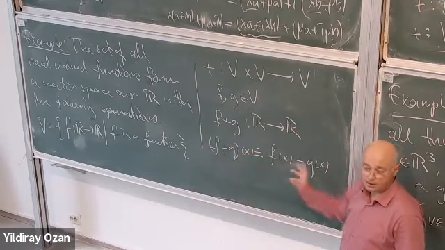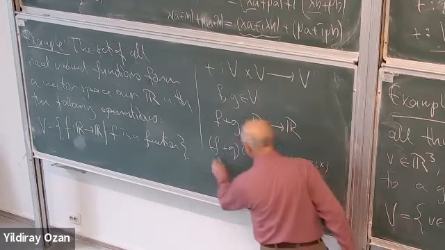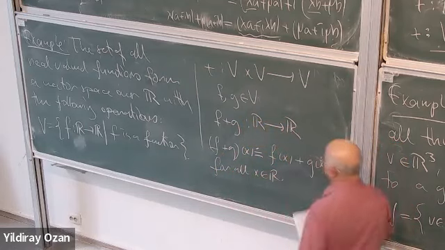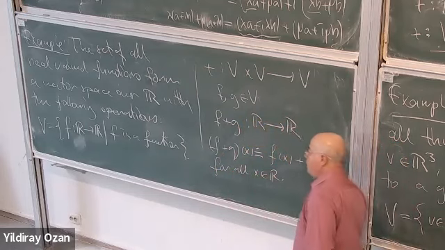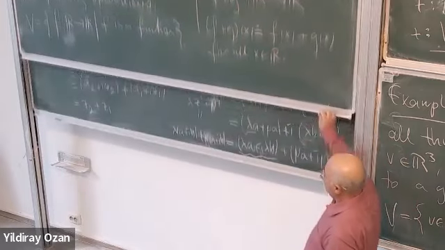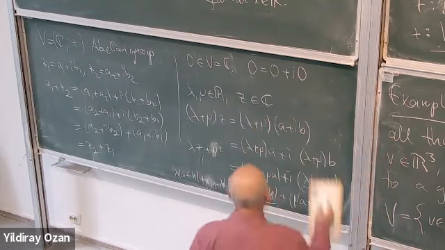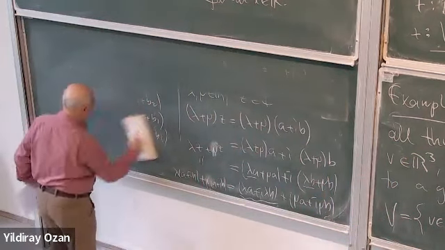These additions are different, objectively. So this is true for all x. So this is my definition of addition of two functions. And I have to tell you also how we multiply a function in this case. So let's do that.